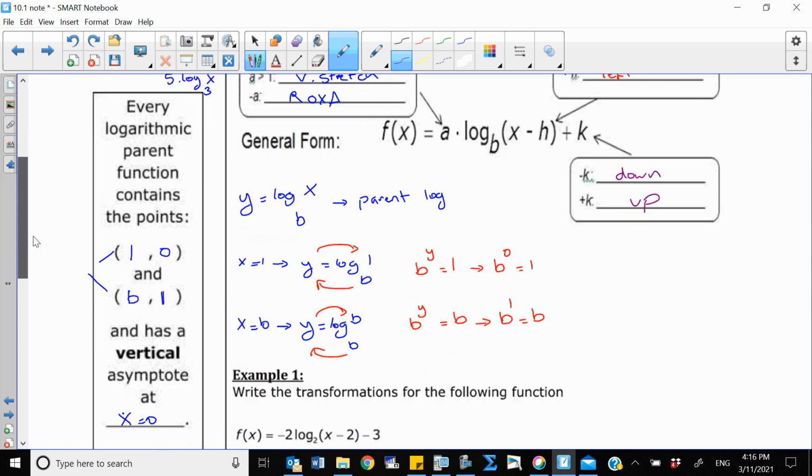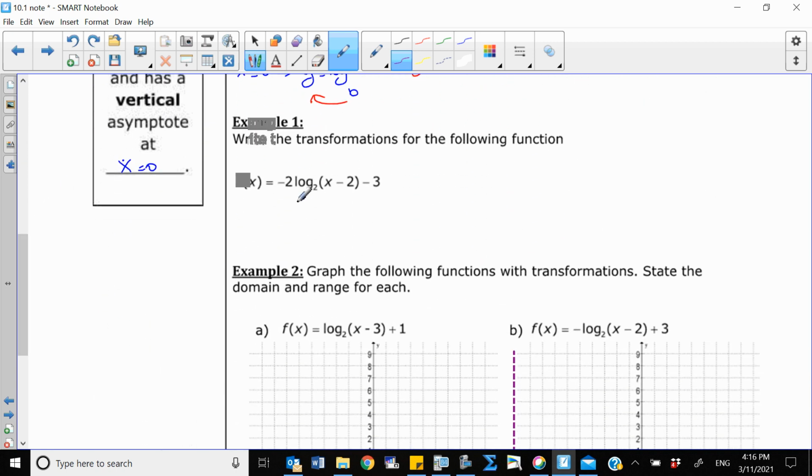So let's do some examples here. On this function, -2 log base 2 of x minus 2 minus 3, let's see what transformations are happening. First of all, we have a negative here. This means there is a reflection over x-axis. Then we are multiplying the function by number 2. 2 is greater than 1, so we have vertical stretch here.